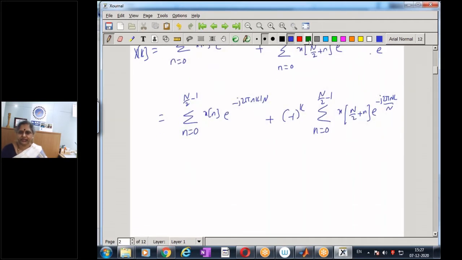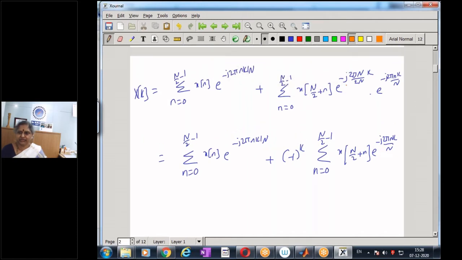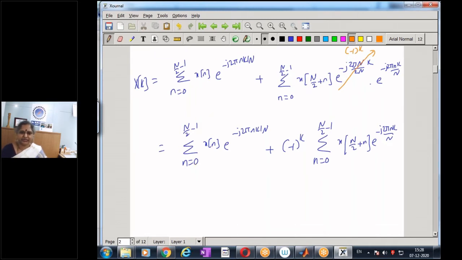Now we recognize that we have a term minus 1 to the power of k. And how did we get this? Because of this summation, this term becomes minus 1 to the power of k, and everything else remains the same. Now we recognize that this is also going from 0 to n by 2 minus 1, and this term is the same, and both are very similar.